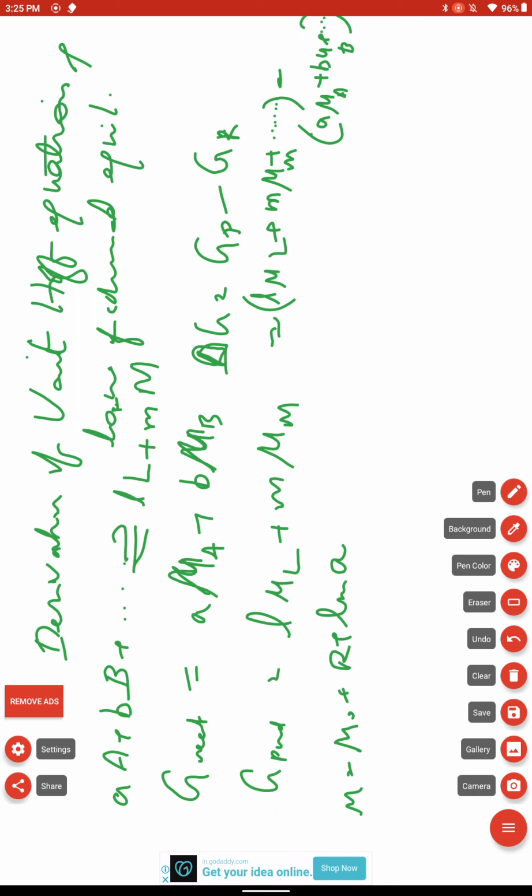Here R is the gas constant, and delta G we can write in terms of this. That is, delta G is l mu L plus m mu M minus a mu A plus b mu B. We have to substitute in this equation for delta G.